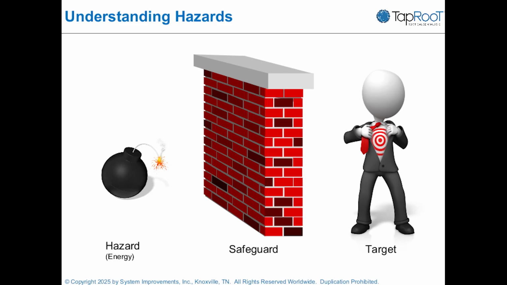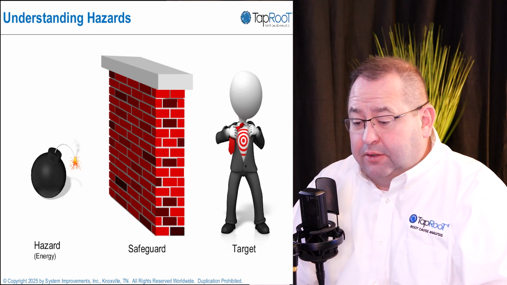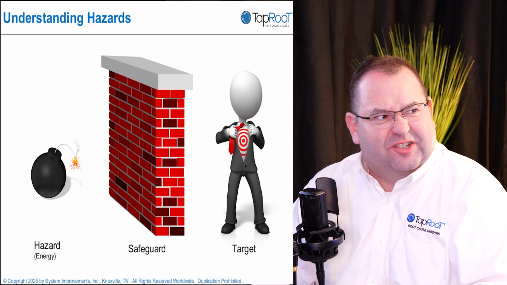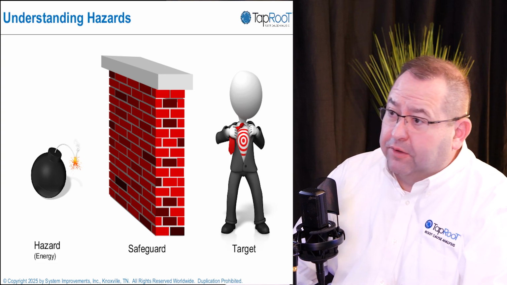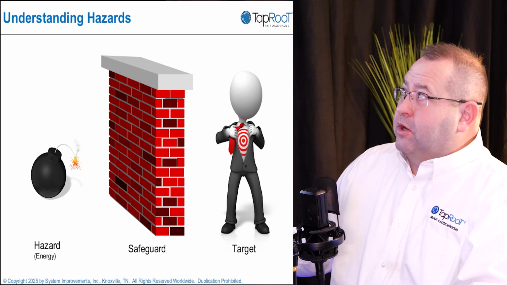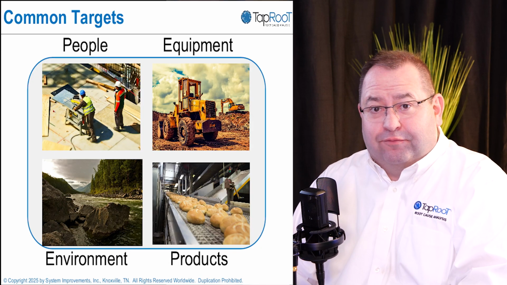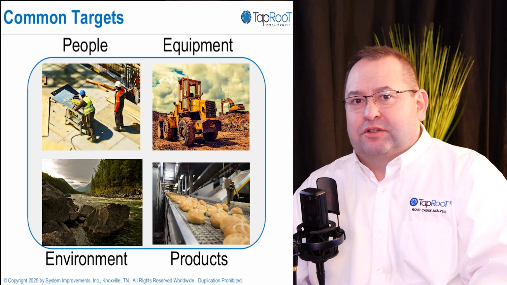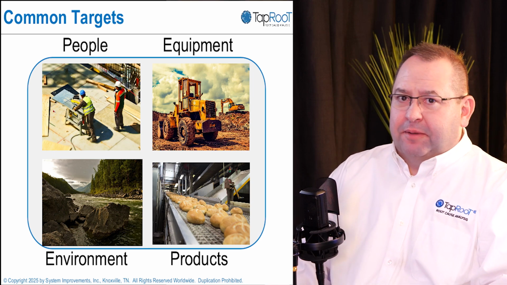And before we get into that, I've got on my screen here a visual, and it's important that we understand what exactly we are looking for. So when you're talking about spotting a hazard, you're talking about any source of energy, any bad thing that you're trying to prevent from coming in contact with a target. So common targets are our people, our equipment, our environment, anything that we're wanting to protect from that hazardous thing, that source of energy, coming in contact with.